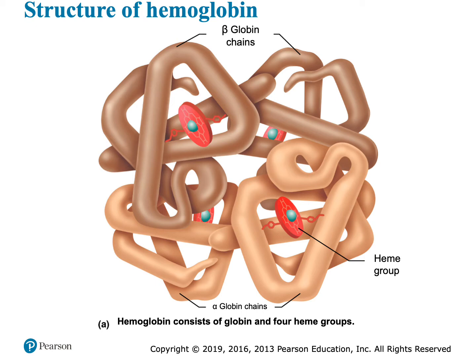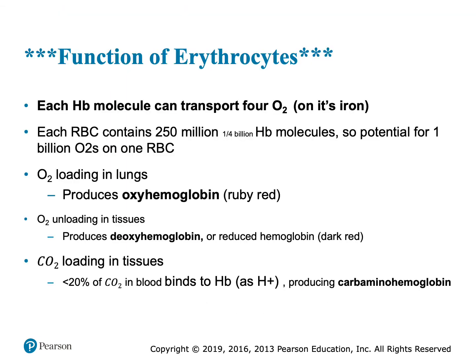Some of them are alpha, some of them are beta globulins. Okay, this right here is the heme group. This is the iron, the green little dot, and that's what the oxygen is going to bind to. So all the squiggly wigglies are the protein, and then the disc part is the heme group. The center little green dot is the iron, and that's what oxygen is going to bind to.